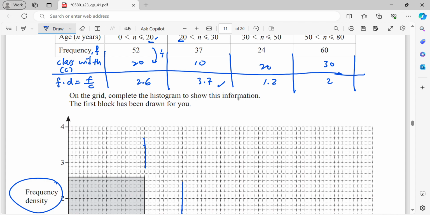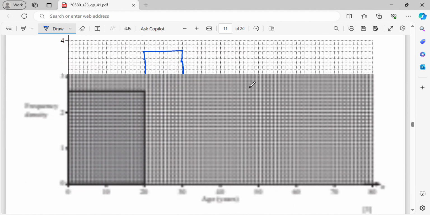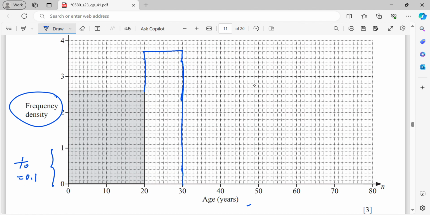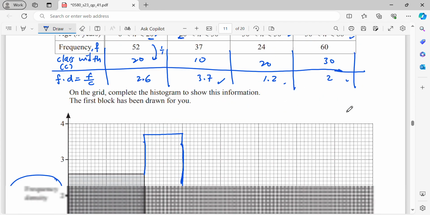Here is 3.7. So please draw the blocks using a ruler. And then when 30 to 50, the height is 1.2. So 30 to 50, the height is 1.2 here. Okay, then when the interval is 50 to 80, the height is 2.